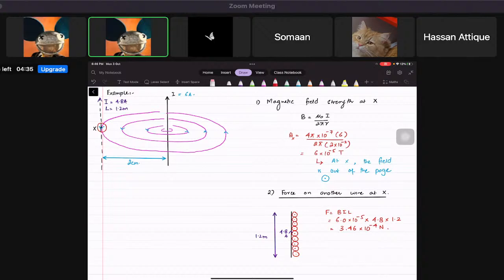Now, interestingly, I'm just going to prove what your O-levels teacher told you, because he was actually right. Looking at this diagram only, if I ask you where exactly is the force, you've got the magnetic field direction, you've got the current, which rule should we use to find the force on the wire? Anybody can explain this to me?